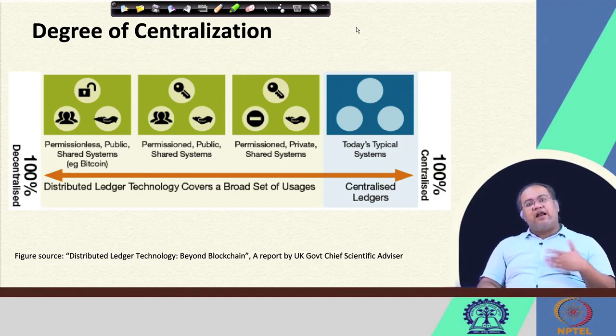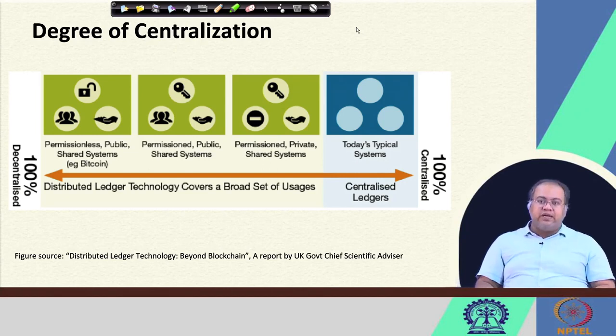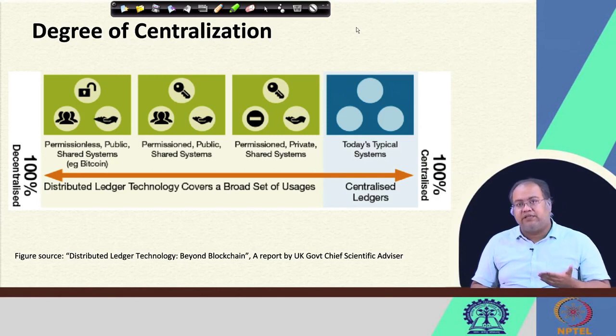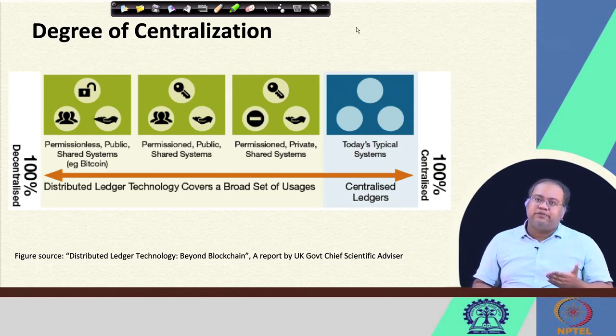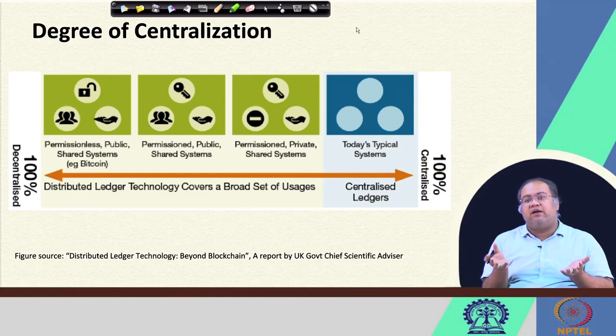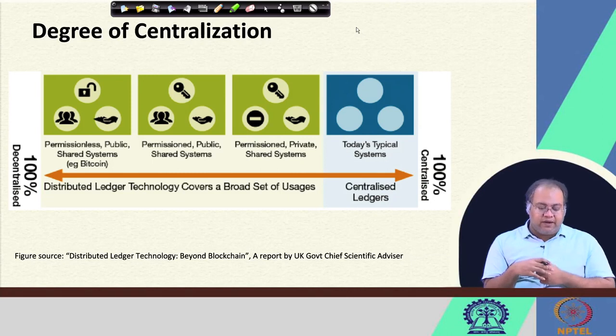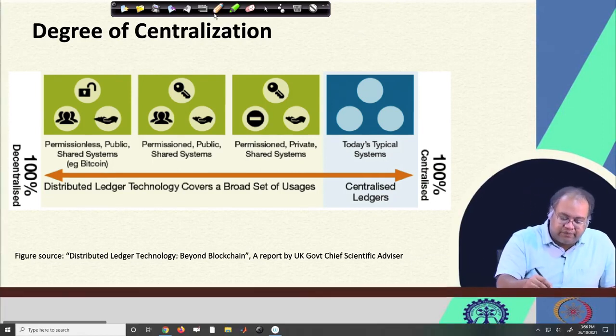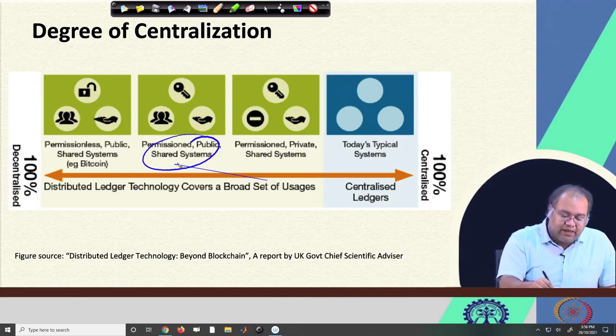But on the other hand, there are business use cases, enterprise use cases, where you can rely on a permissioned and private shared system, where things only work within a few people who participate in the business procedure. One example where you can use the permissioned public shared system is an e-commerce platform.